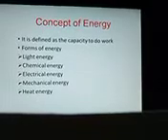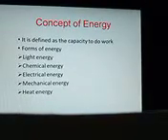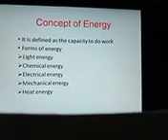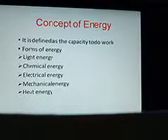Energy is defined as the capacity to do work, and it exists in a variety of forms such as light energy, chemical energy, electrical energy, mechanical energy, heat energy, etc. These different forms of energy are interconvertible. Having said that, in living organisms, certain interconversions do not take place.